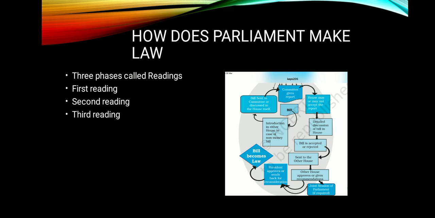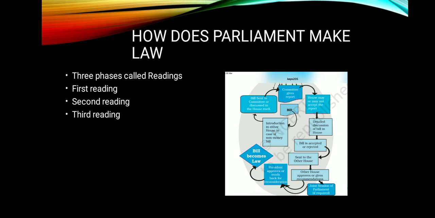In this way, the House considers the bill and then the bill is handed over to a committee. The committee examines whether there is a requirement of the bill and they study the technical issues over the bill. Like, is the bill according to rules or according to the constitution?